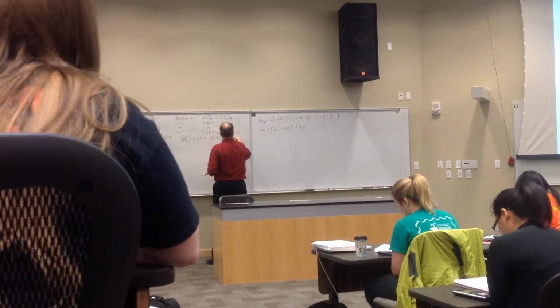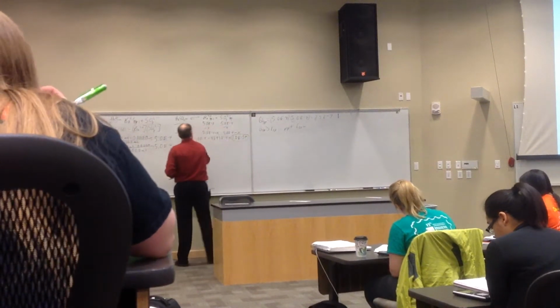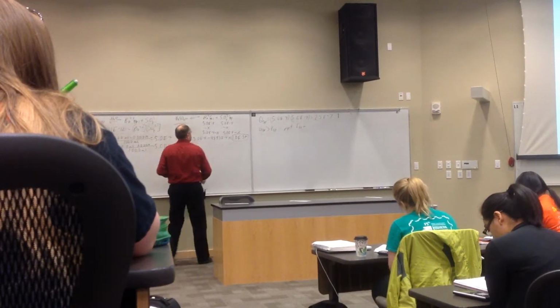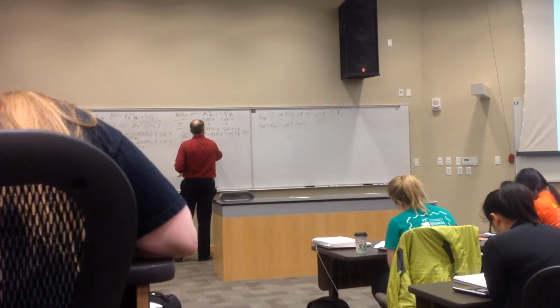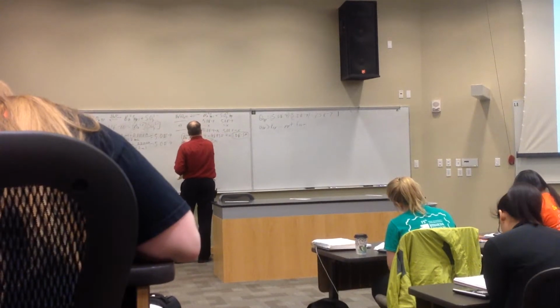That's equal to 1.1 times 10 to the minus 5 molar. By the way, the concentration of sulfate is equal to the same thing. Why? Because its initial value is also the same. 1.0 times 10 to the minus 5 molar.